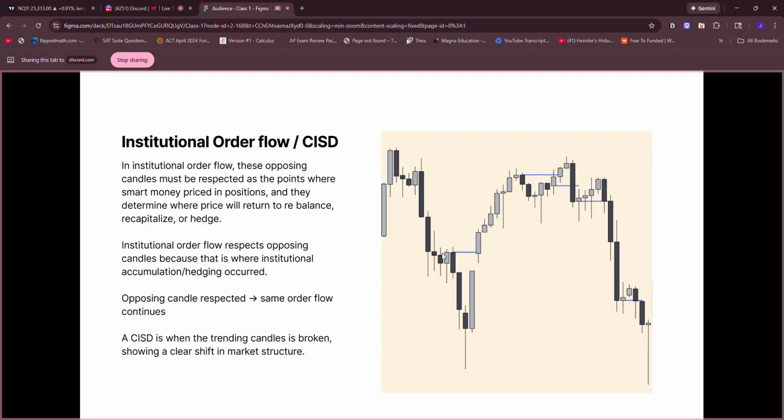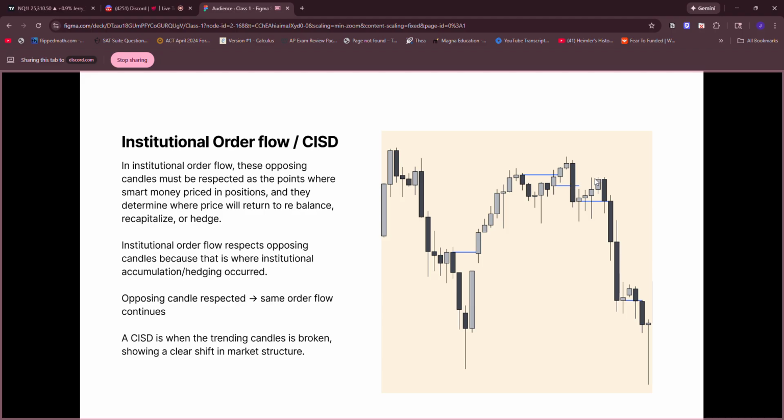And as you can see, as we move higher, you can see how these down close candles are being respected. We find support off of this, and we move a little bit higher before we get another change in state delivery, right? This is a bearish change in state delivery, right? As we run higher, and then we get a very big displacement lower, and we get our change in state delivery.